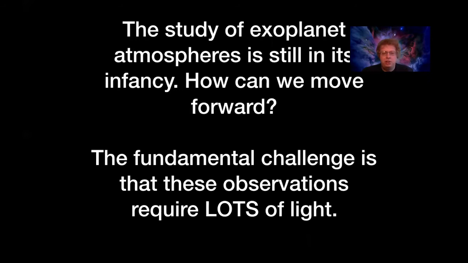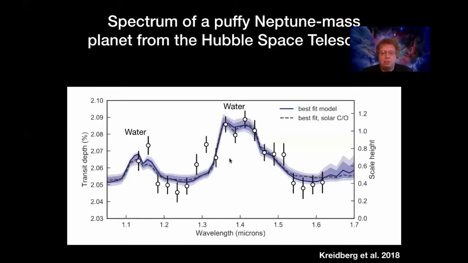So it turns out that the fundamental challenge to making these observations is that these are really, really precise observations. Look at how small these differences are in the transit depth. Over here, we see that where there's no atmospheric absorption, where there's no molecules that are showing spectral features, the transit depth is about 2.05%.